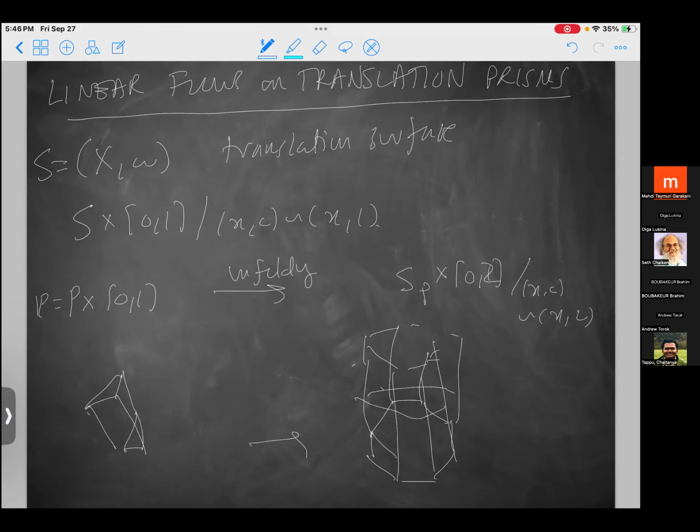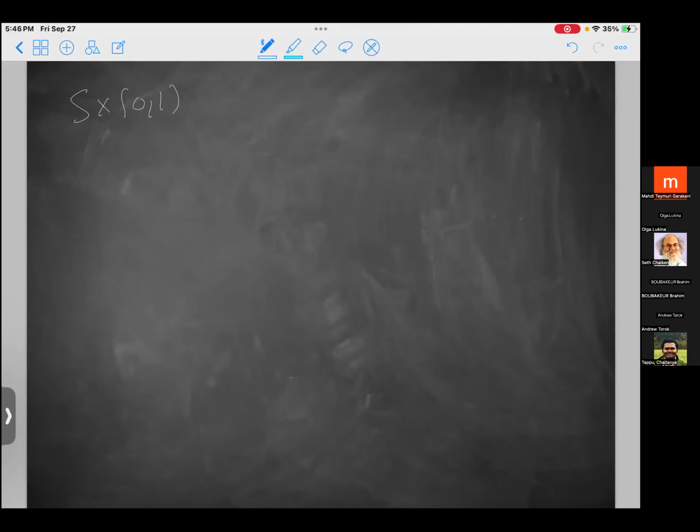Thank you, Noel. Okay, now here is kind of a general fact. What we're going to do is just analyze linear flows on these translation prisms. I'm just going to call this S cross [0,1] with 0 glued to 1 here.